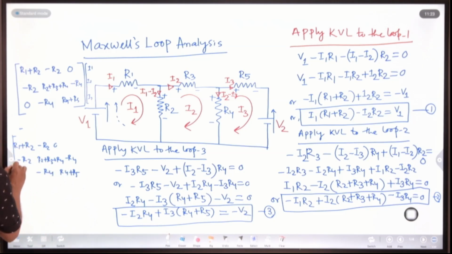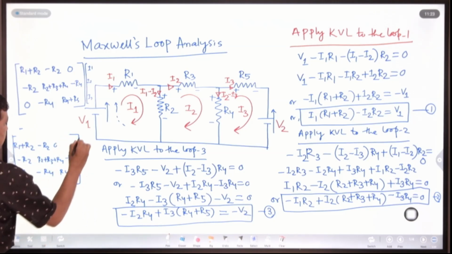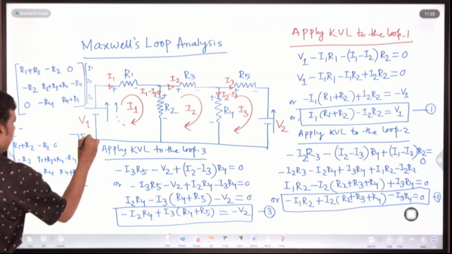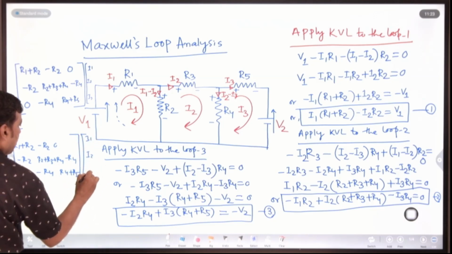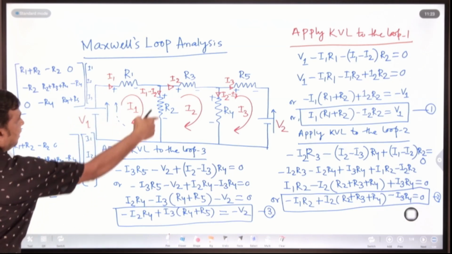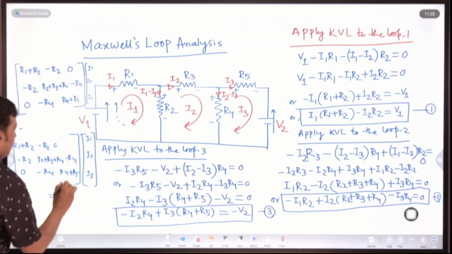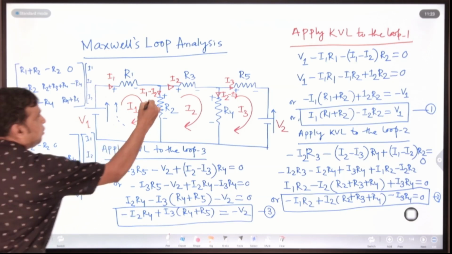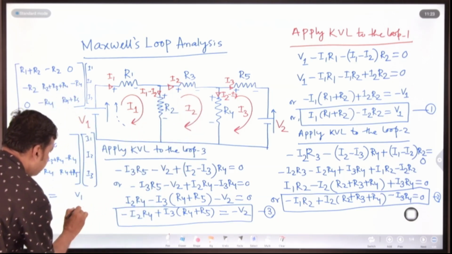This is your resistance matrix and this is your current matrix, that is your I1, I2 and I3, and the net voltage in the loop 1, the direction of current is same as voltage, this will be V1, and V2 there is no net voltage, so that will be 0.